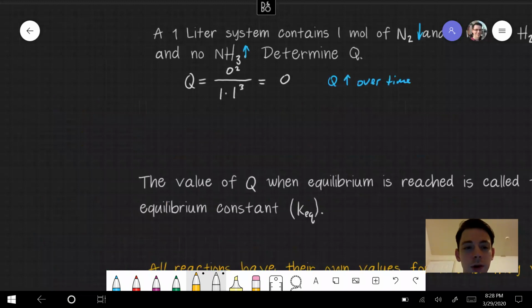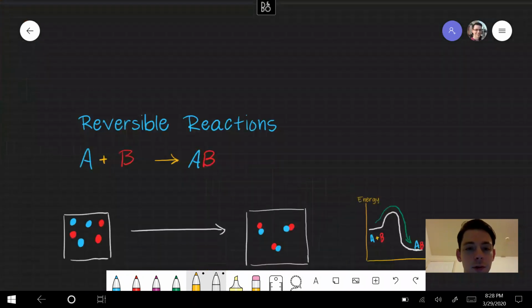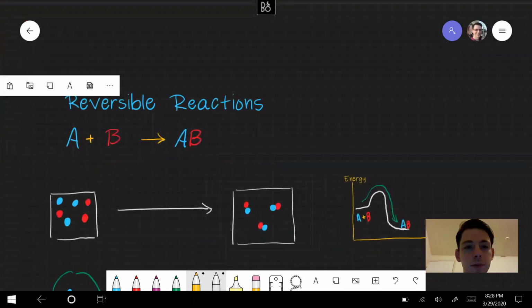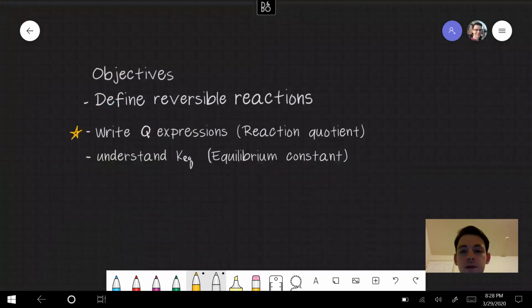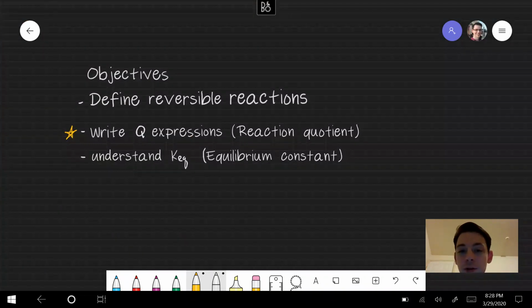Just want to quickly jump back to the objectives. So our objectives today were for you to be able to define a reversible reaction. Hopefully you understand that. Reversible reactions are reactions that can proceed in the forward or reverse direction because the reactants form products, and the products also are able to react to form the reactants again.